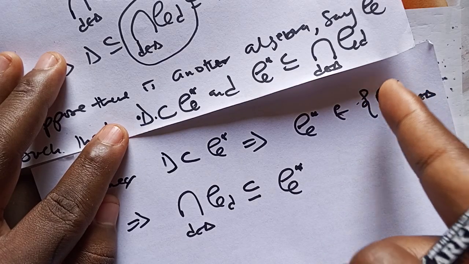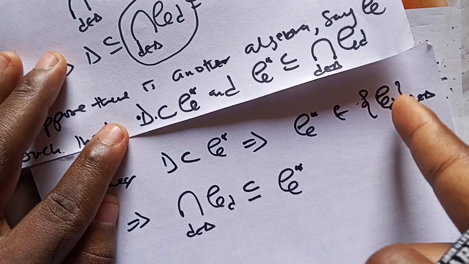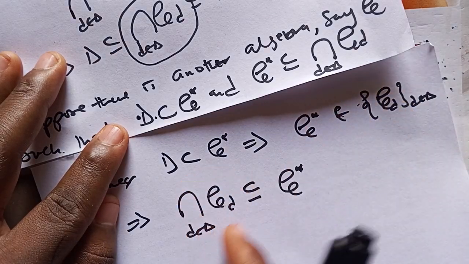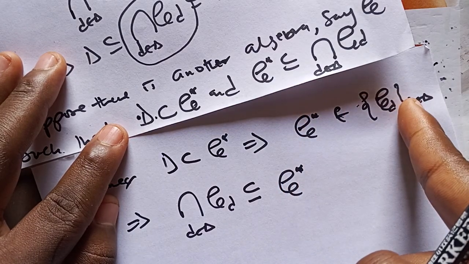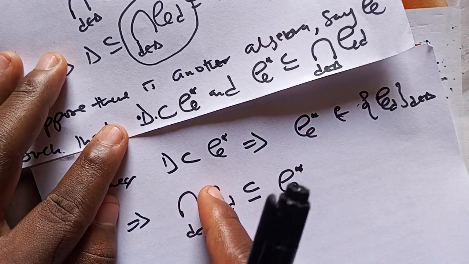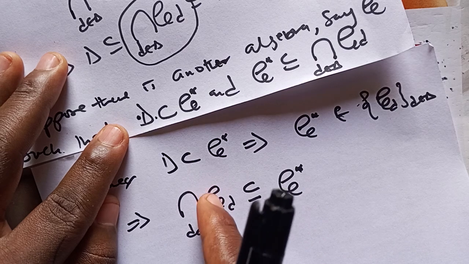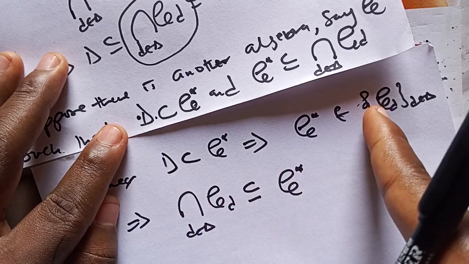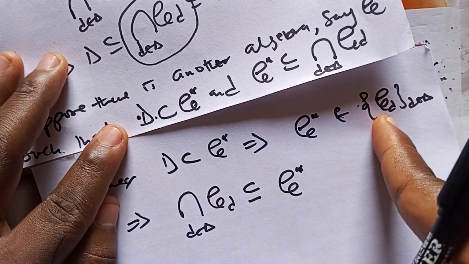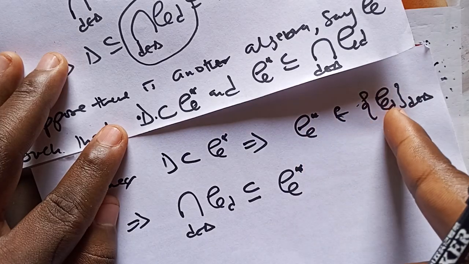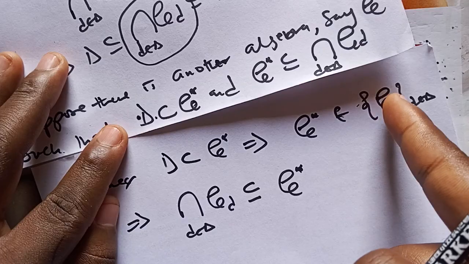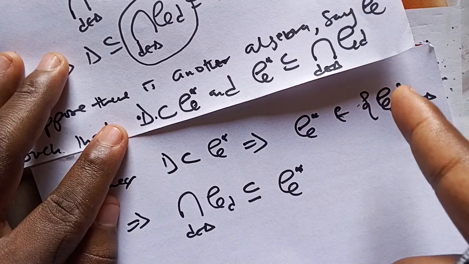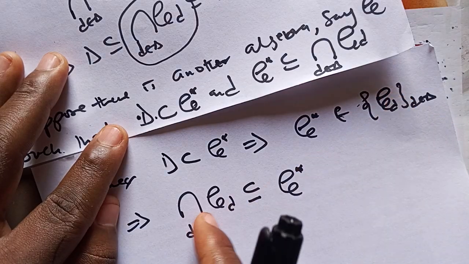So it is smaller than every other algebra coming from this family. The intersection is the smallest of them all. So this is smaller than this.